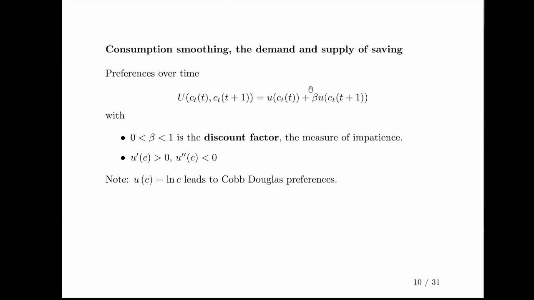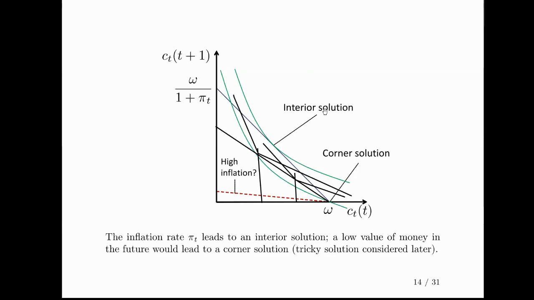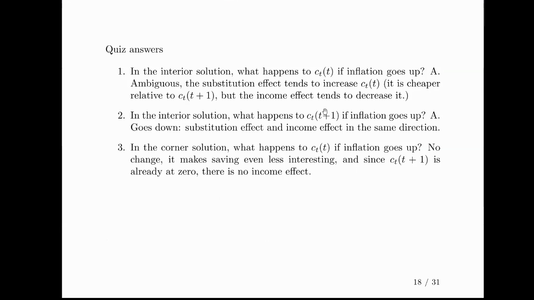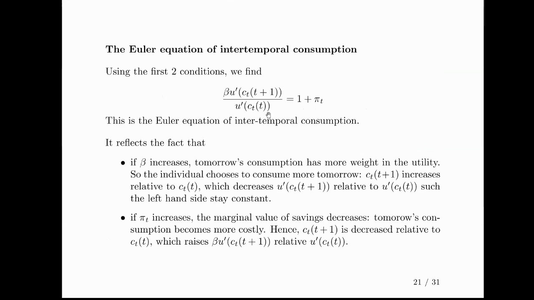So if beta increases, it means that I care more about the consumption I get in the future. And if beta decreases, then the consumption of the future gives me less utility, right? So that's what I mean by if beta increases. And then this is our solution.